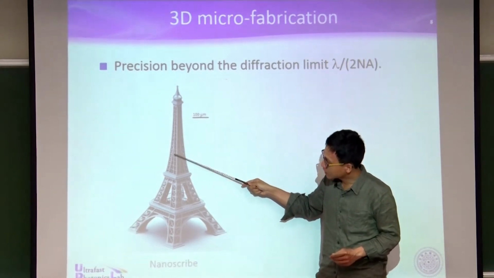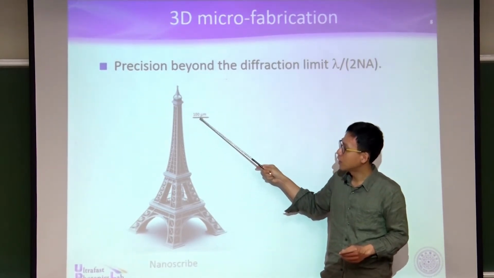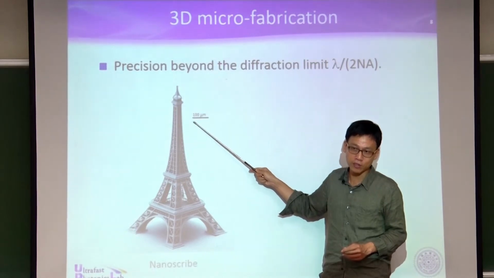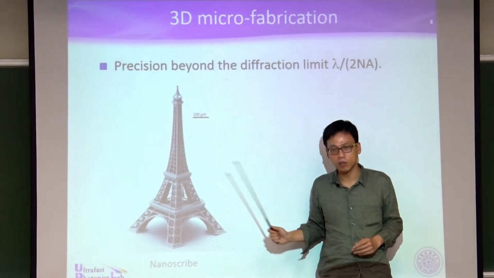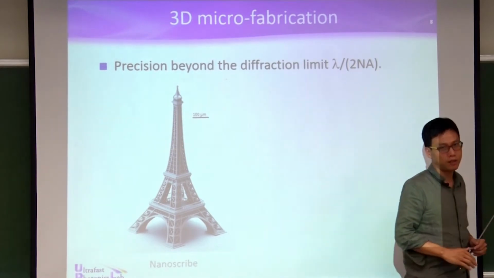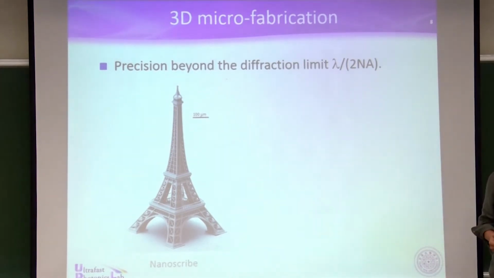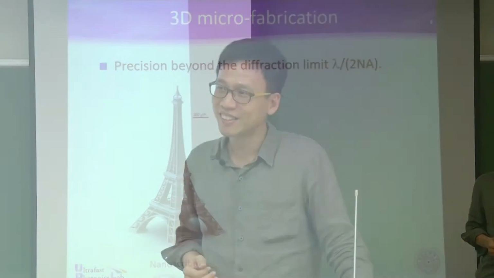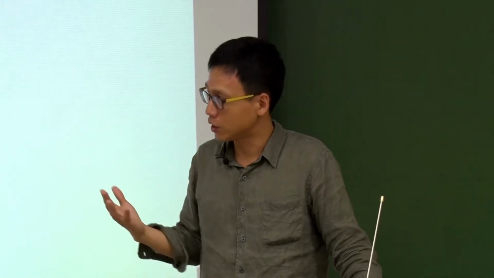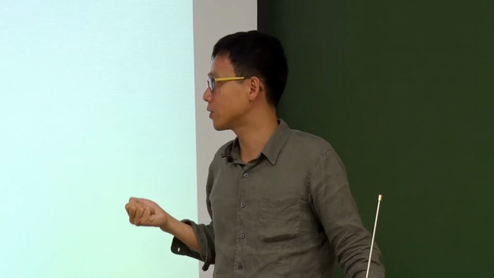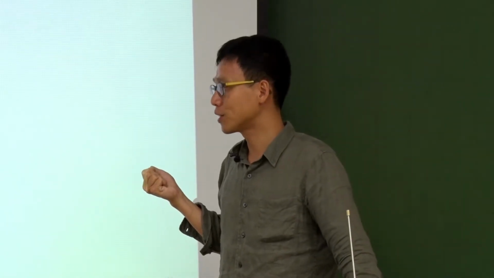And you can see some fine structures are even smaller, much smaller than this bar, right? Actually, the precision of Nanoscribe is already 150 nanometers, which is smaller than the diffraction limit, okay? So you can imagine with the femtosecond laser tool, you can do something pretty cool, right?